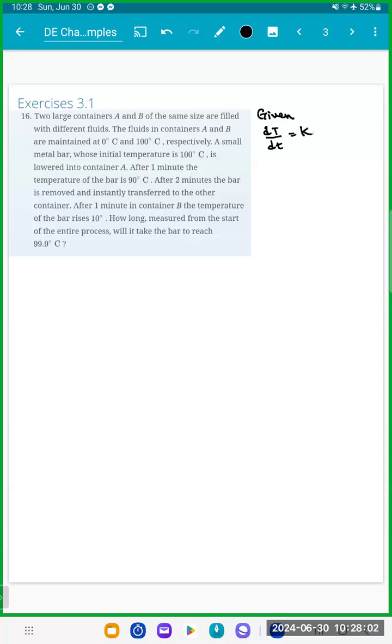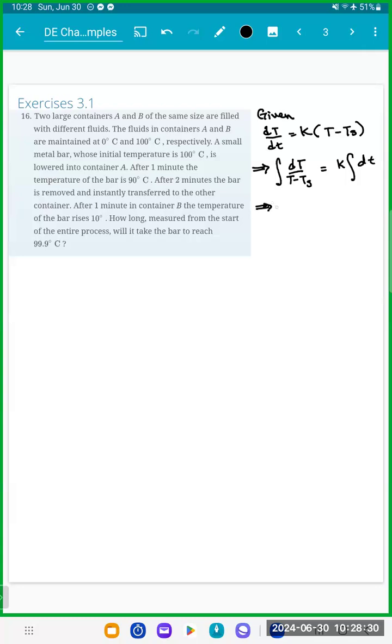we have K times T minus TS, okay? And so if we were to integrate both sides of that, we would get the integral dt over T minus T sub s is equal to K. I'm just going to bring the constant outside, and then we have our dt here, okay?